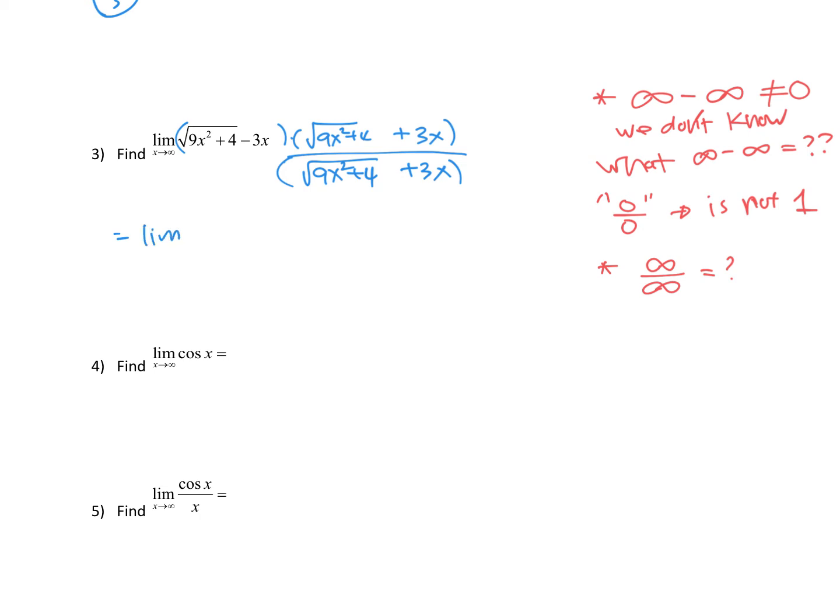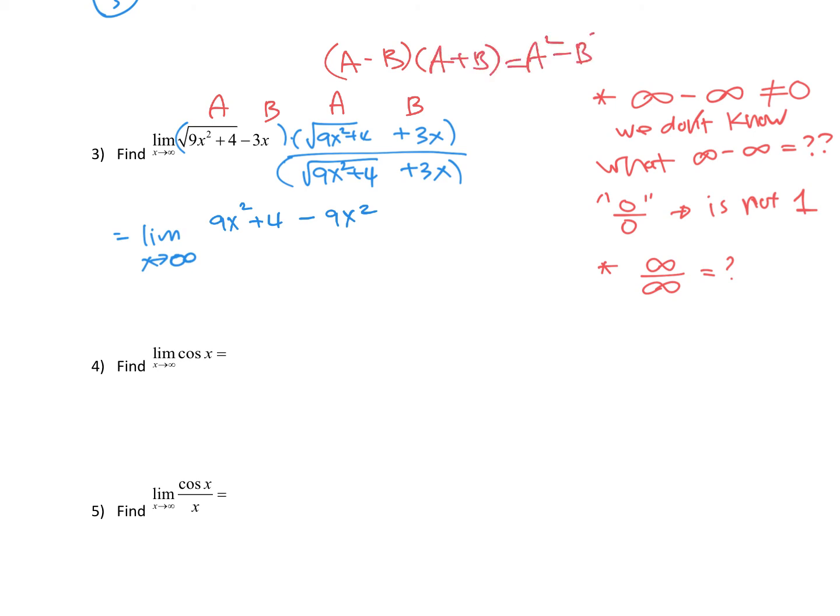So what I get is the limit as x goes to infinity. A minus b times a plus b. So I get 9x squared plus 4 minus 9x squared. So that's my a, this is my b. A minus b times a plus b is a squared minus b squared.